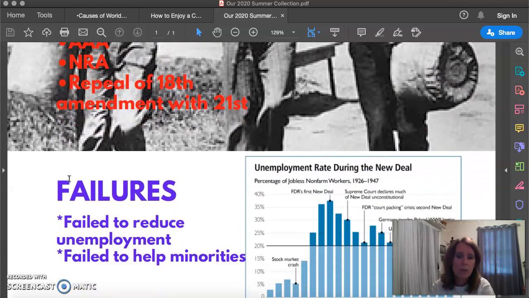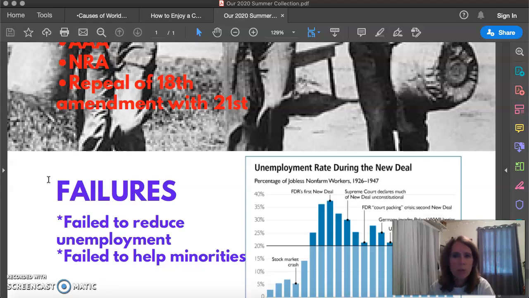So we've talked a lot about all these different programs, some of them good, some of them bad, but in the end, the New Deal kind of failed to do what it set out to do, which was recover the economy, give people jobs, reduce unemployment. It did give people jobs, but it didn't reduce unemployment to the level that people really desired, which would be around 6% or so. And it didn't provide a lot of jobs and opportunities for minorities.